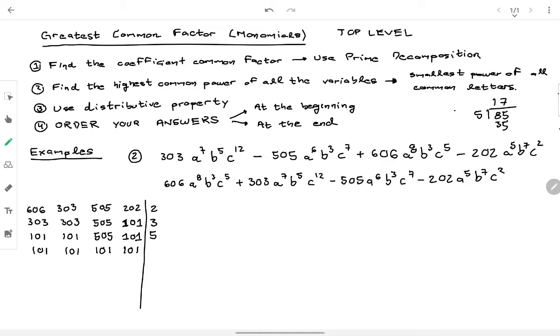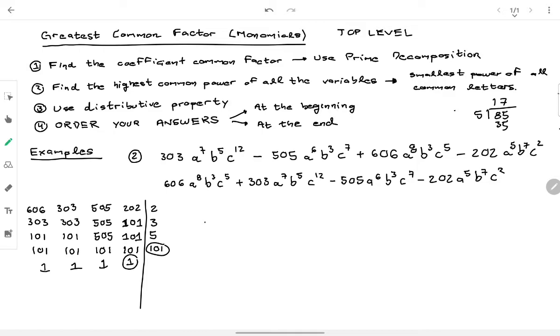Then, of course, we need to continue with 101. If we remember, prime numbers are those that are only divisible by 1 and themselves. In this case, 101 is a prime number, so we need to divide it by 101. That will be the only factor that was common for all of them.